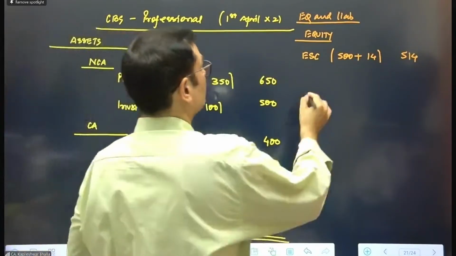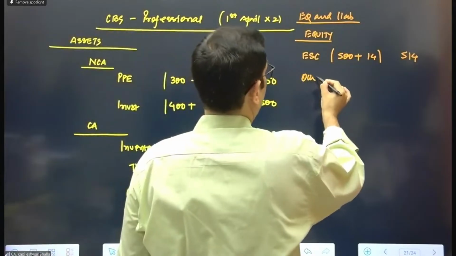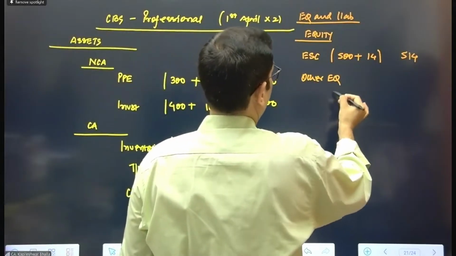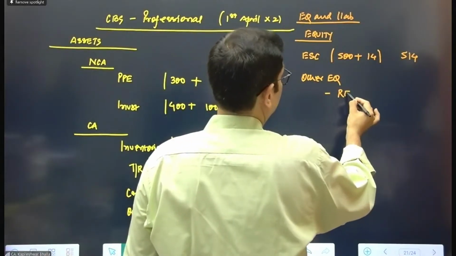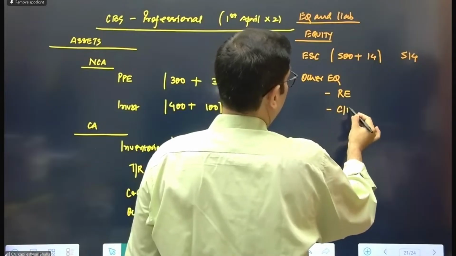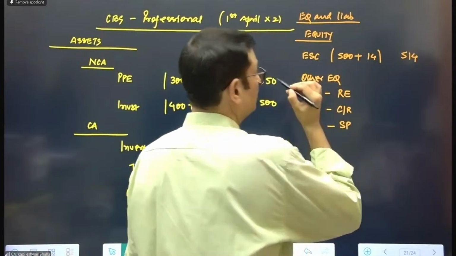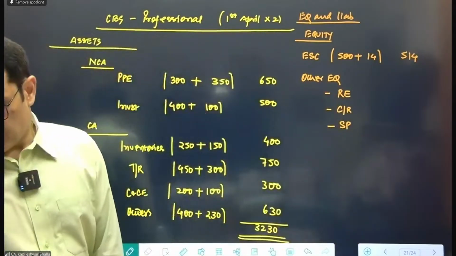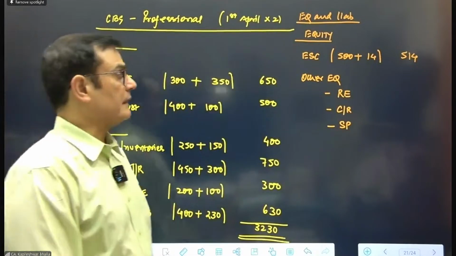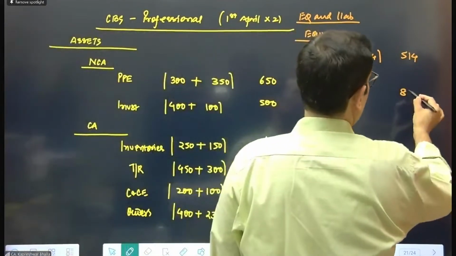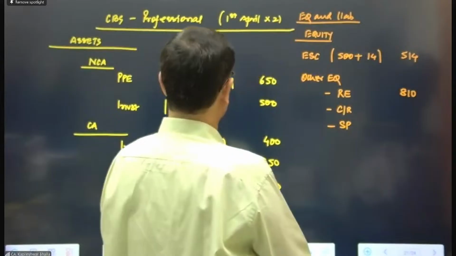So other equity, we've got three elements. One is the other equity in the balance sheet. Let's take it as retained earnings. Then there is a capital reserve. Then there is a share premium as well. So other equity is appearing at 810. And the capital reserve was how much?